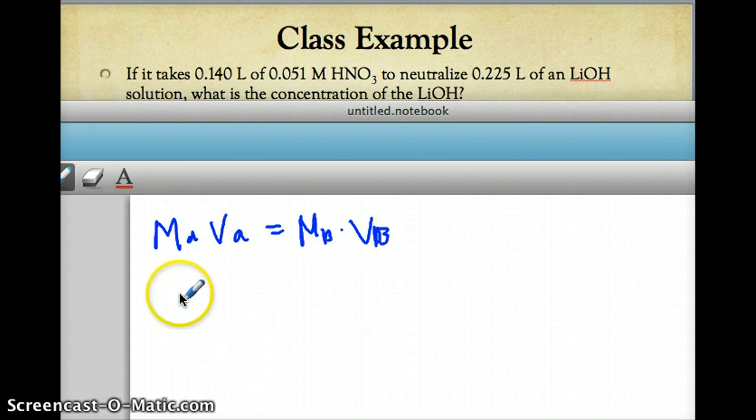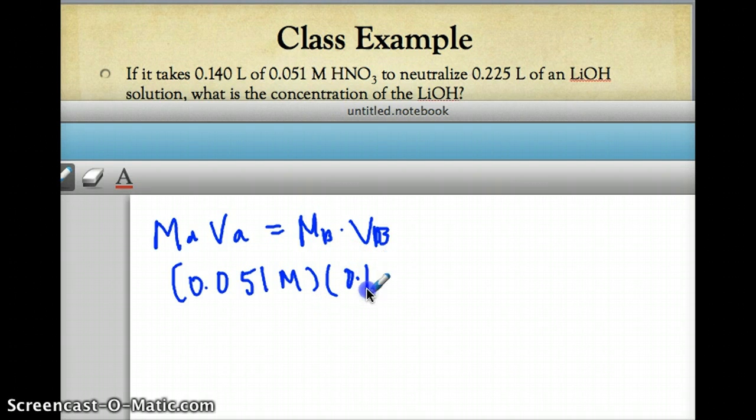So what is the concentration of acid? The concentration of acid is 0.051. Multiply that by the volume, which is 0.14 liters, is equal to the concentration of base. That's what we're looking for. It says, what is the concentration of LiOH? So that's going to be your unknown.